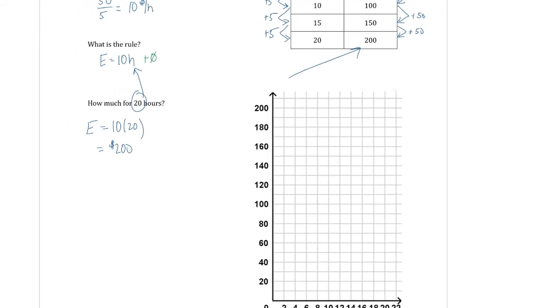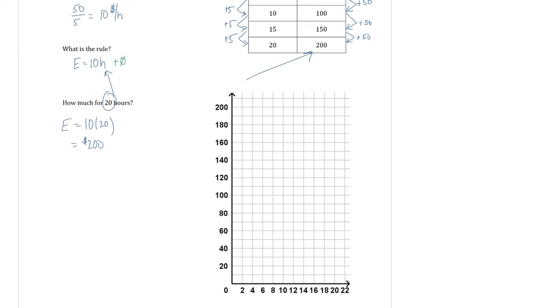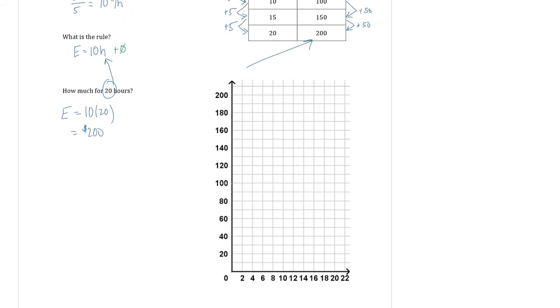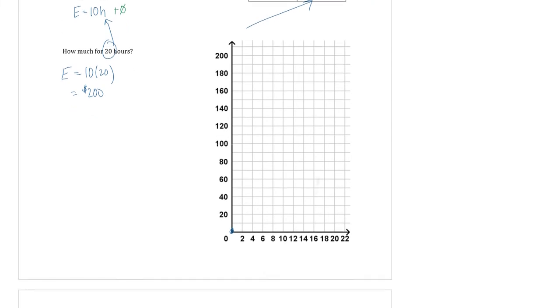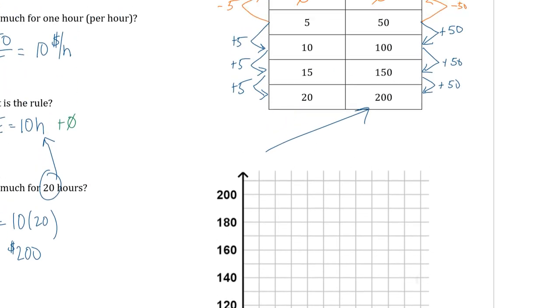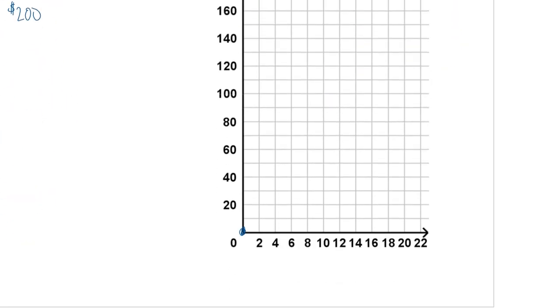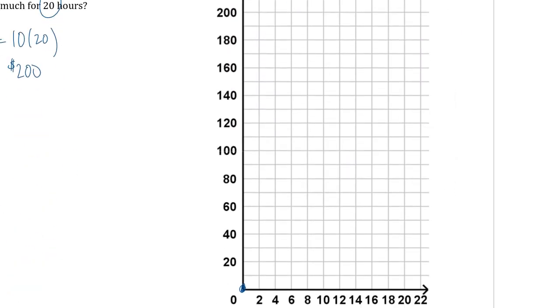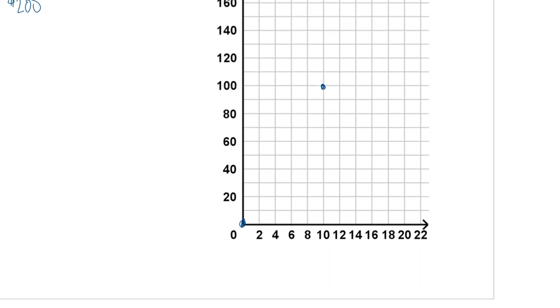Okay, let's graph this. I'm starting at 0, and in 5 hours I'm going to 50, but 5 isn't on here. In 10 hours, I'm up to 100. But that's the same as if I'm going over 2 hours, I've got to go up to $20 because it's $10 for 1 hour, which is $20 for 2 hours.